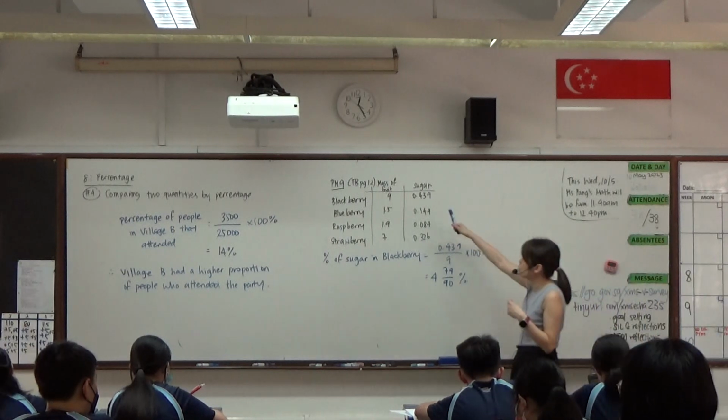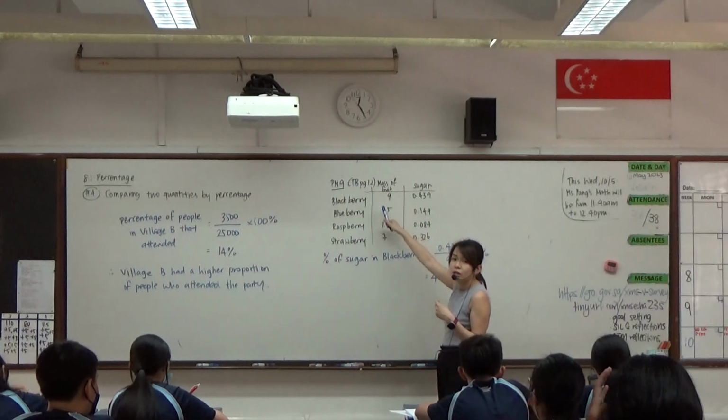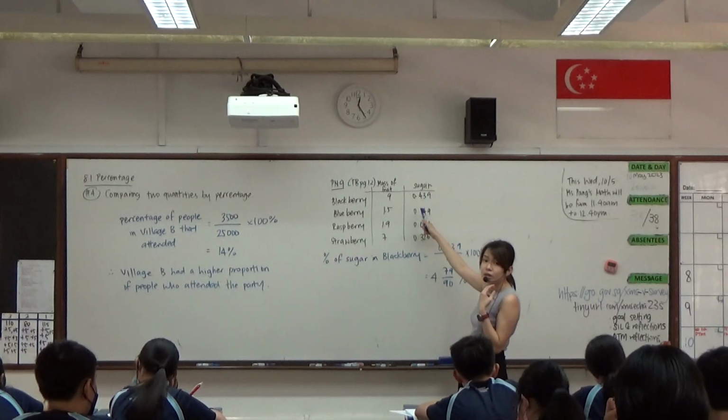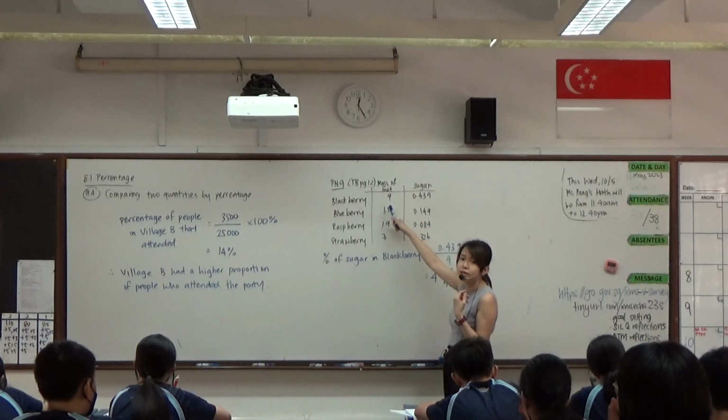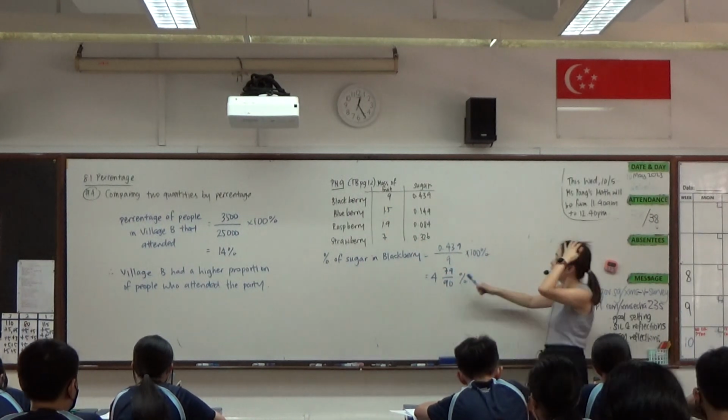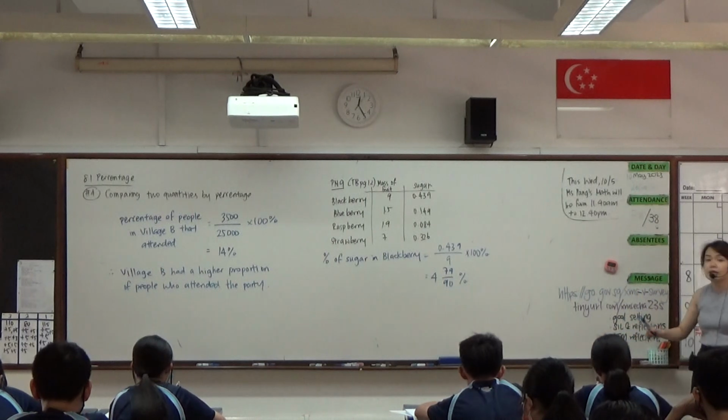Because you're looking for sugar in the fruit. In blackberry, there's 0.439 grams of sugar, and the fruit is 9 grams. We're looking at blackberry. Then we press the calculator.